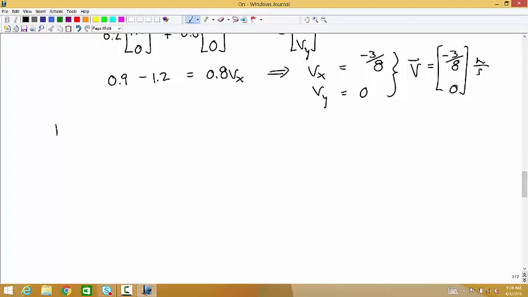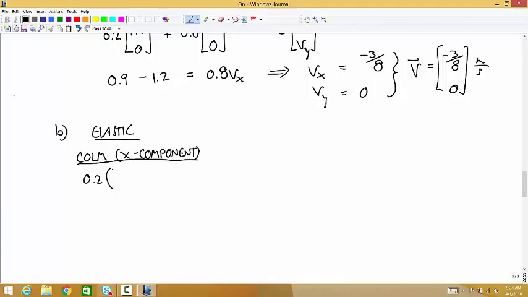Okay, now the elastic one. This one's a nuisance. So we're going to use the x component, the component in the direction of the motion, for the first equation. So before the collision, we have 0.2 times 4.5 and 0.6 times negative 2.